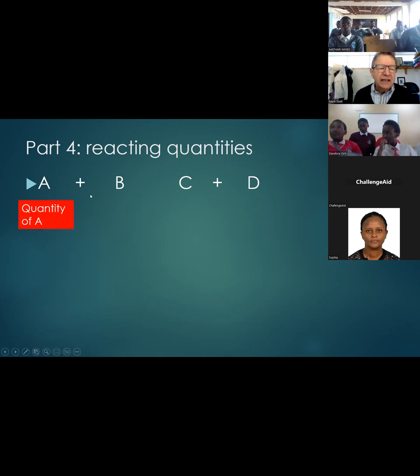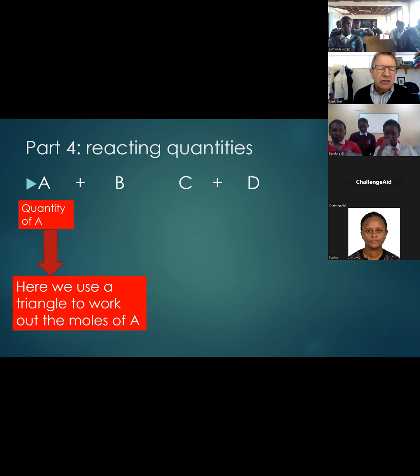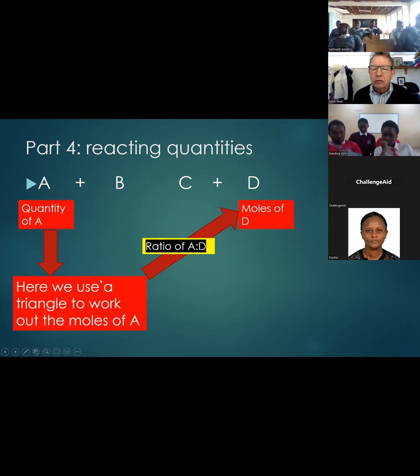The way to do this is to put down the amount of A that they tell you in the question, then turn that into the moles of A. Then we look at the equation, which tells me the ratio of A to D. Sometimes it's one of these gives two of those. Therefore I've got the moles of A, and I can work out the moles of D. So let's say it was 1 to 2, and I had 1 mole of A, then I would get 2 moles of D.